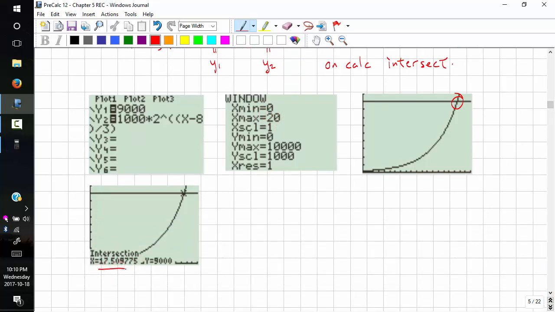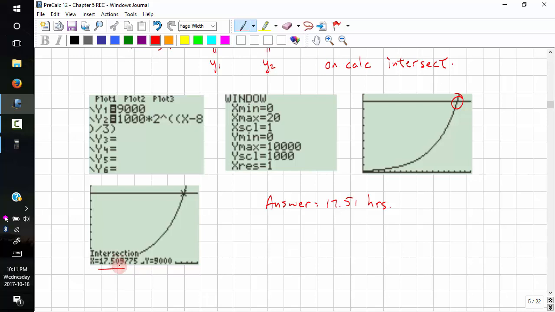And we see that we have 17.509. So our answer is 17.51 hours. Question is, do you round up or do you round off?